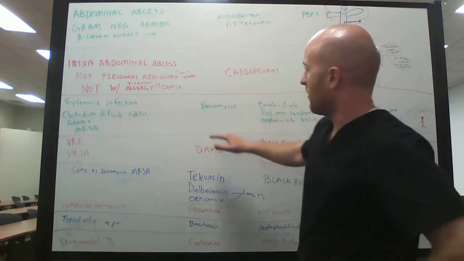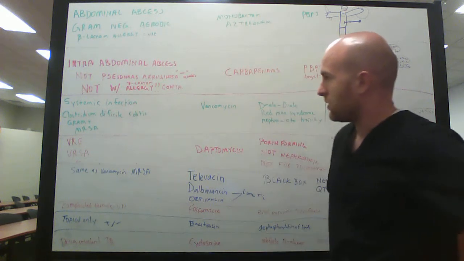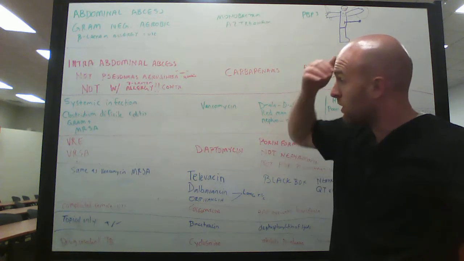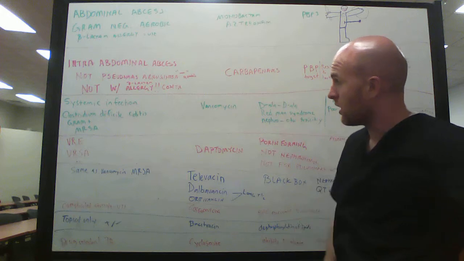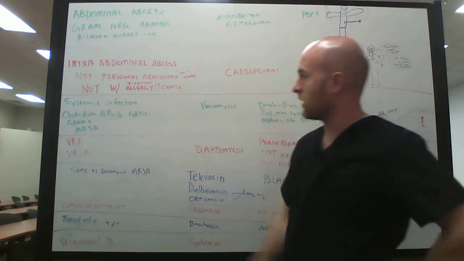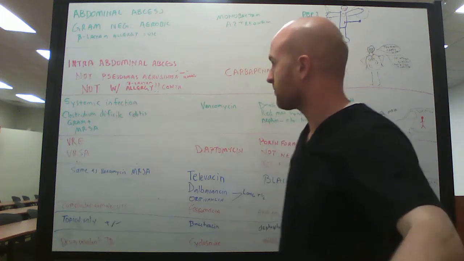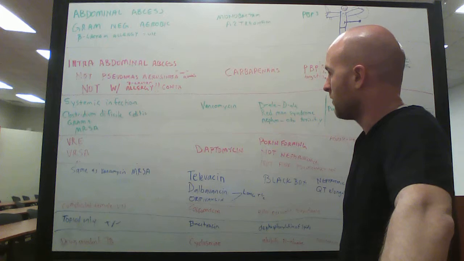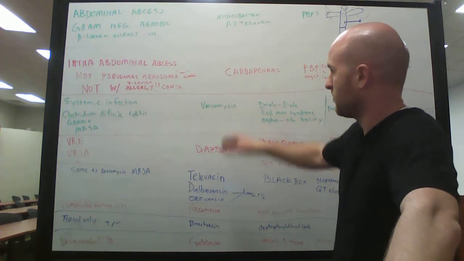So next we have the case of a patient who comes in with a systemic infection, and it could be MRSA, or I guess it could be Clostridium difficile colitis. It's going to be most likely gram positive. So in this case, you're going to give them vancomycin.